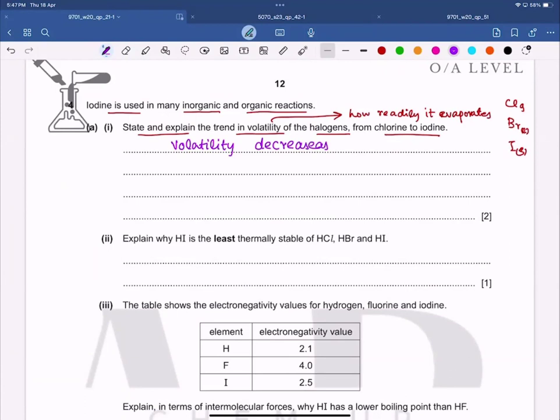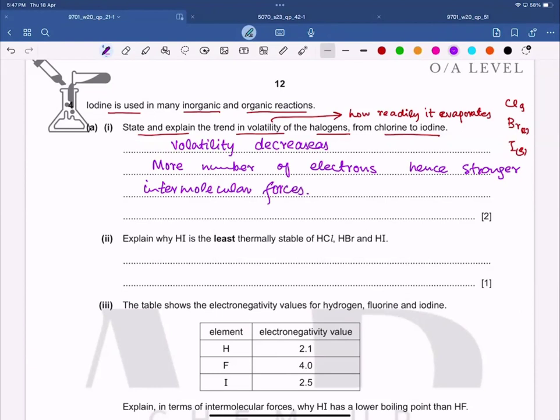Why? The number of electrons is increasing. More number of electrons, hence stronger intermolecular forces.